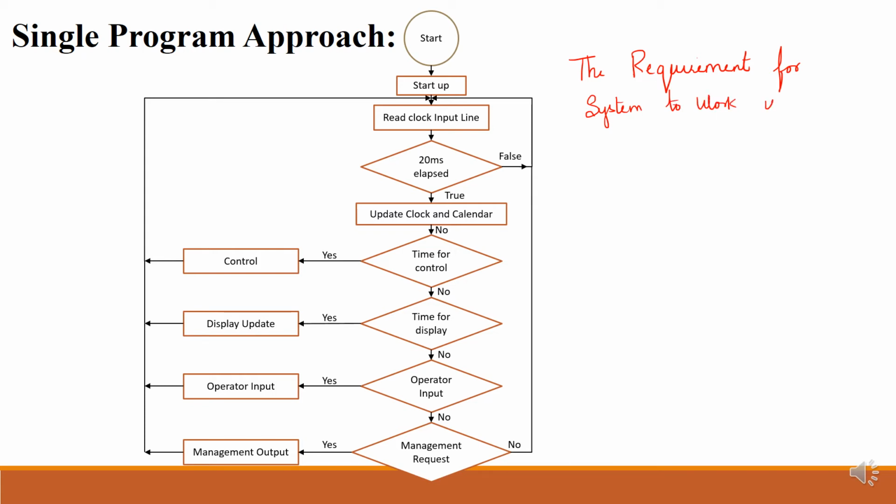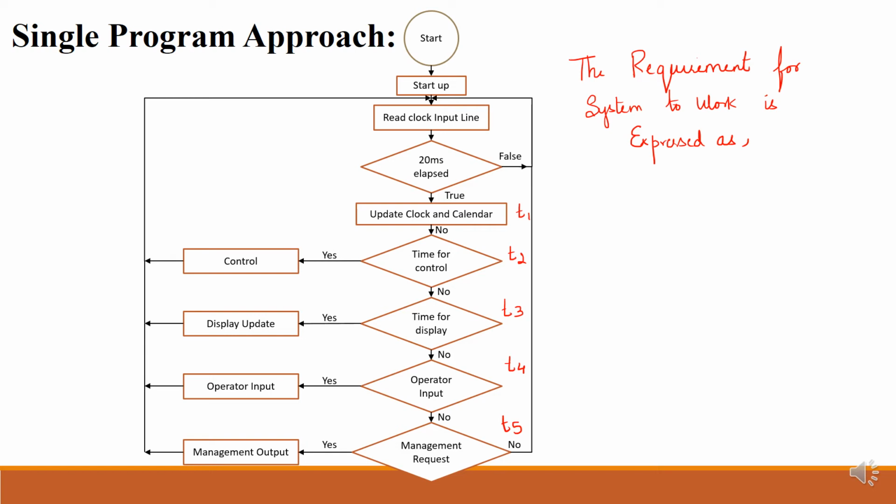For the single program approach, it can be expressed as follows. If T1 is the computational time taken to update the clock module, T2 is the maximum computational time for the control module, T3 is the maximum computation time to update the display module, and similarly T4 and T5, how do you write the requirement?